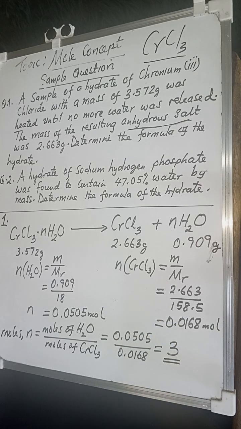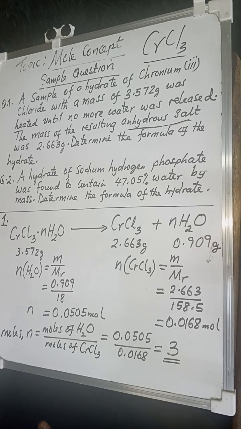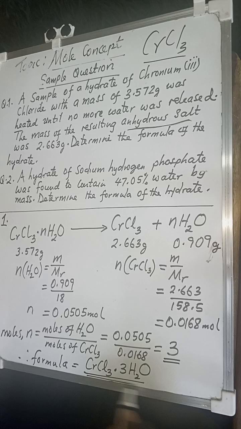So the N in the formula there for the water is actually a 3. Therefore, we can simply say the formula is chromium 3 chloride dot 3 water. So that's the formula.